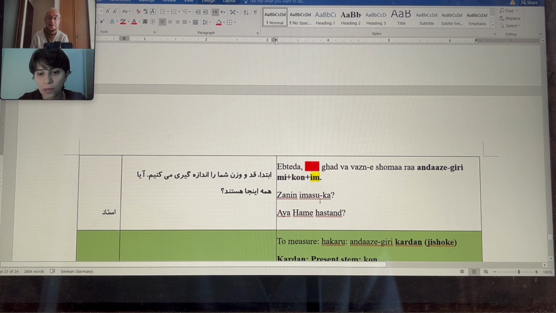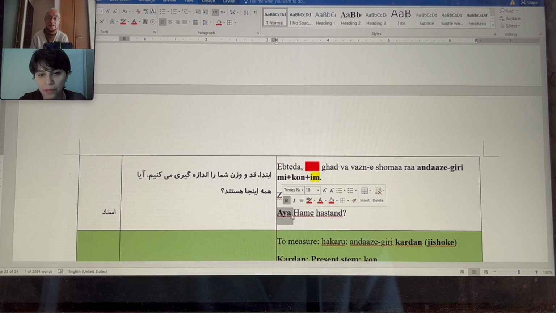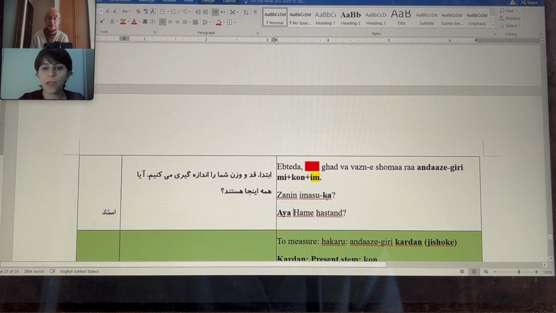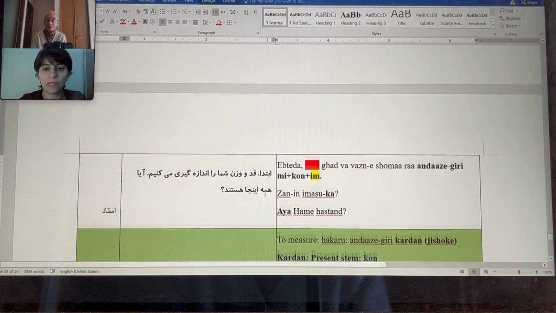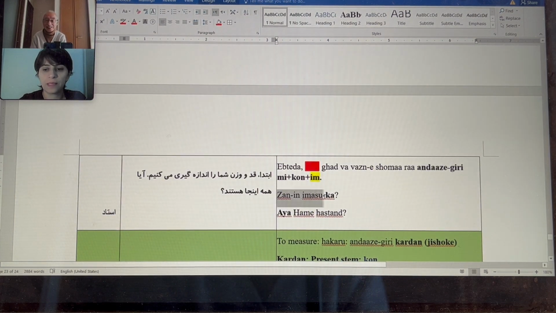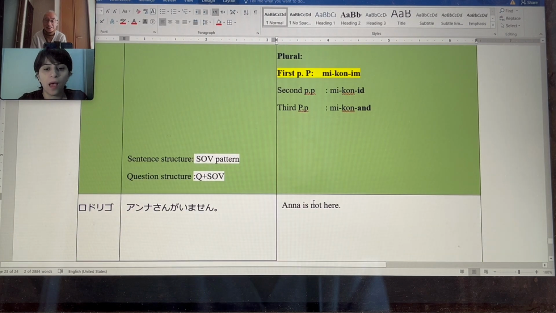This ka is similar to aya, but we bring it at the beginning of the sentence. Aya hame hastand. Okay. Is it clear? Yes, clear.